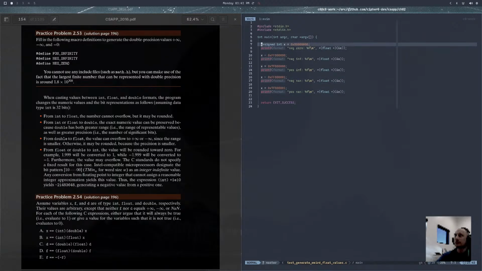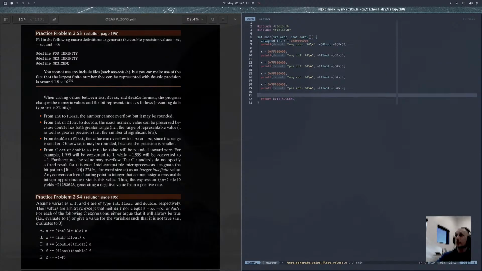I'm going to do an unsigned long, which should be 64 bits. So that's 8 bytes. That's 2, 3, 4, 5, 6, 7, 8. And I'm going to call this thing Y instead of X. And then here, they're talking about doing a pound define.